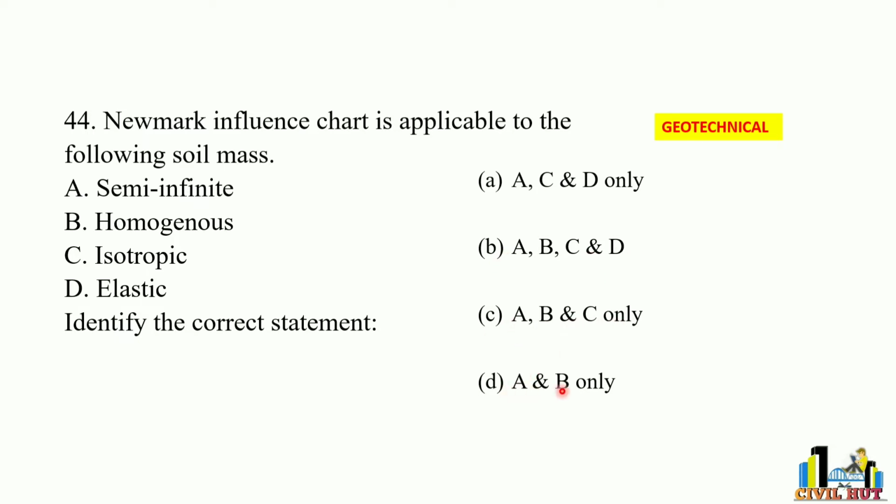D, A and B only. Our answer is A, B, C and D. All are correct. Newmark influence chart is applicable to semi-infinite, homogeneous, isotropic and elastic soil. Option B is the correct answer for this question.